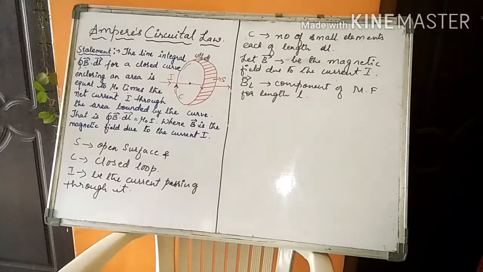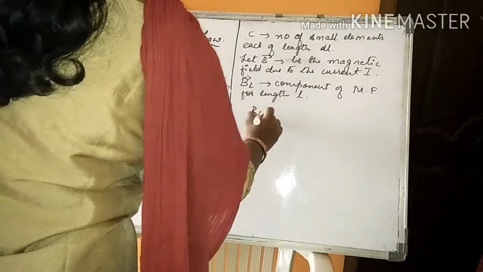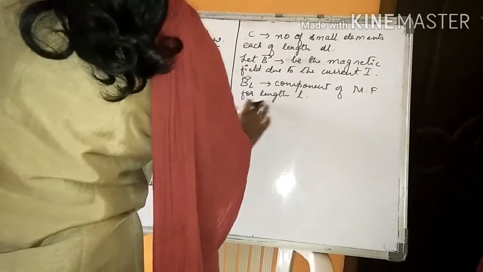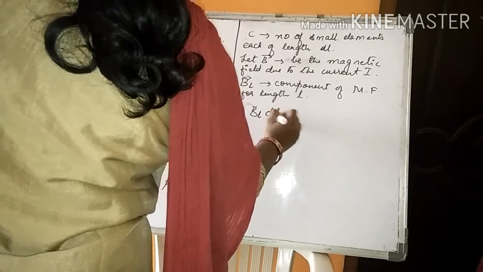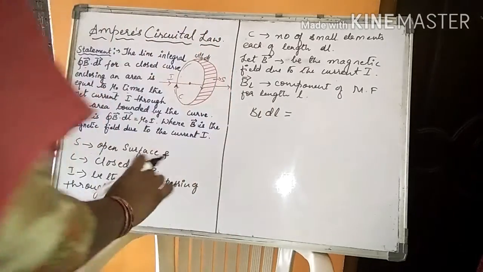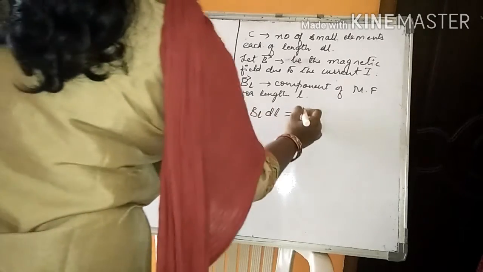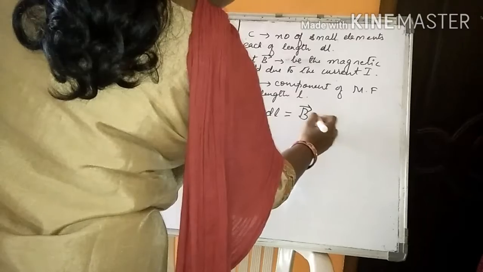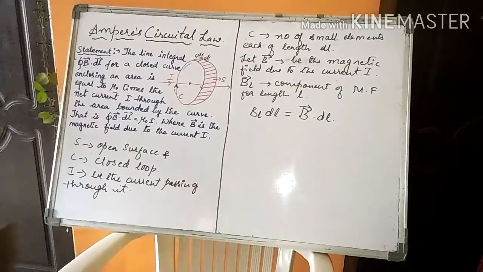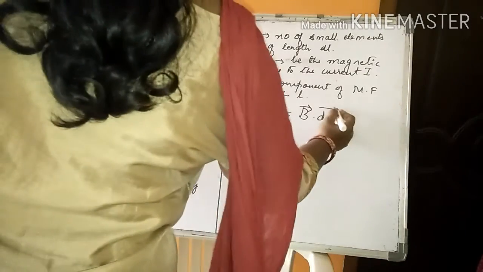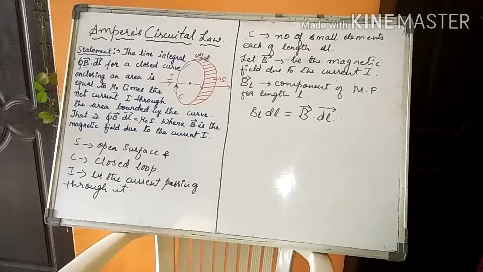Therefore B_L dl equals B vector dot dl vector, where dl is the element vector.